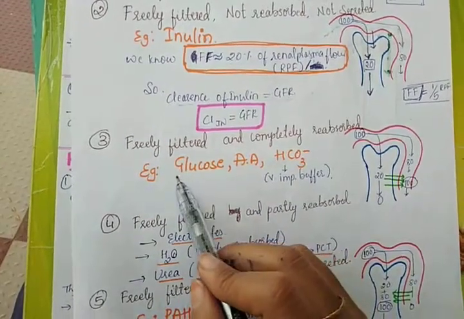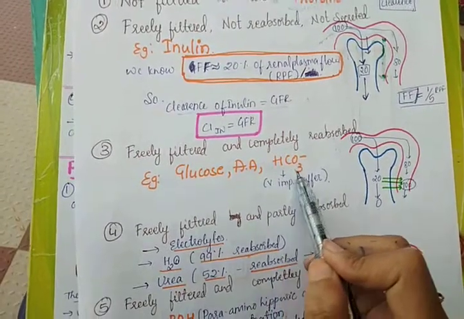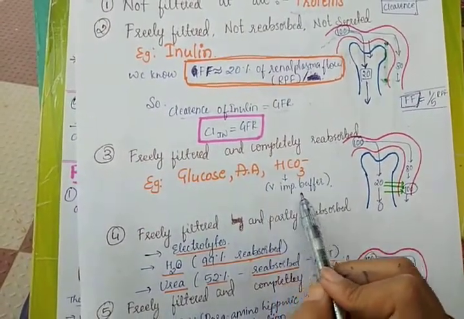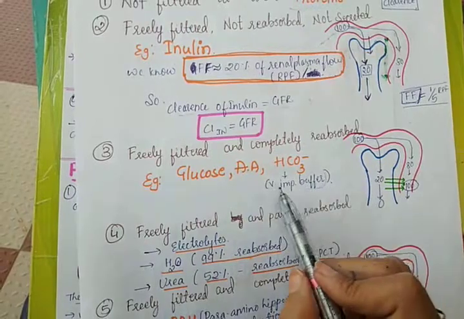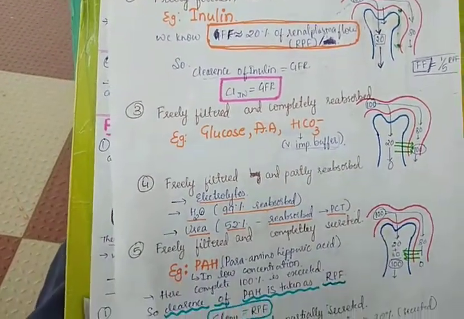The examples for this will be glucose, amino acids and bicarbonates. Now why are bicarbonates reabsorbed completely? Because they form a very important buffer in our body.